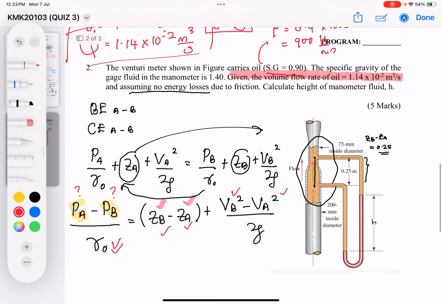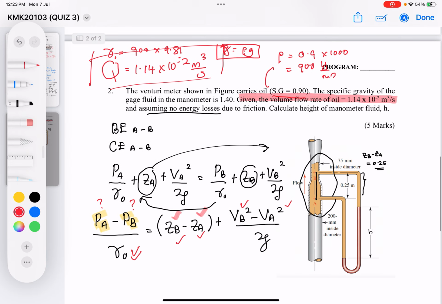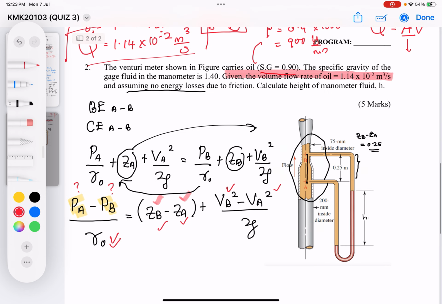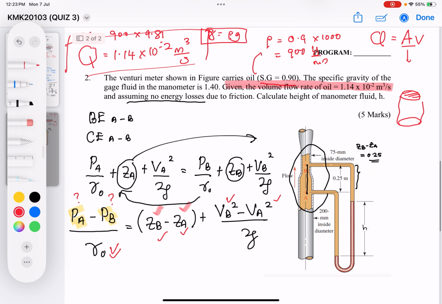And you should note that Q is equal to area multiplied by velocity. How about the area? As long as the diameter is given, because usually we assume the pipe is circular, the area can always be calculated.